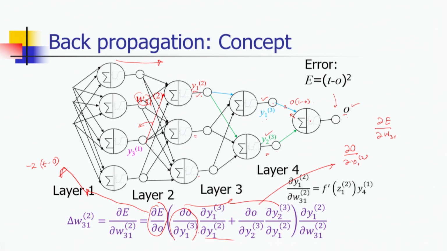This is the first neuron and this is the first neuron, so we write W114 in our convention. Multiplied by W114, this gives you the respective derivative with respect to Y13.